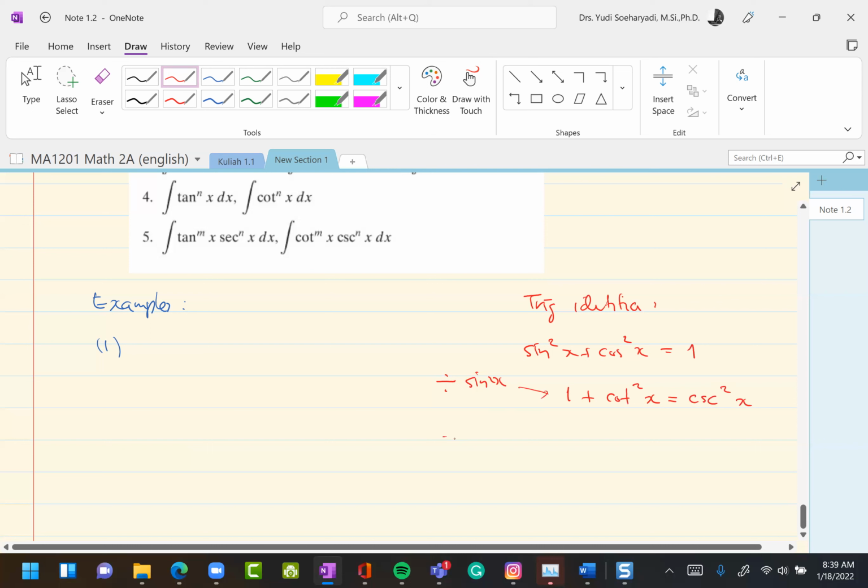Okay. Divide by, let's see, by cosine square. Then you get sine over cosine, so tangent square. Cosine over cosine, that's 1. 1 over cosine is secant. Okay, so you don't need to memorize this formula here, but you can derive that easily from 1.